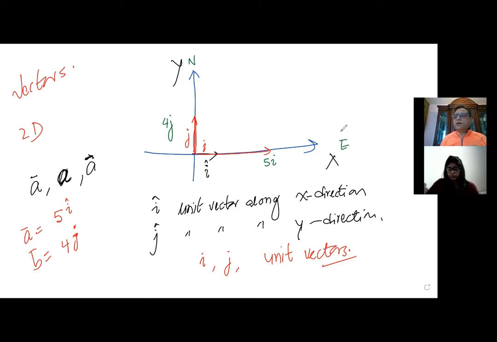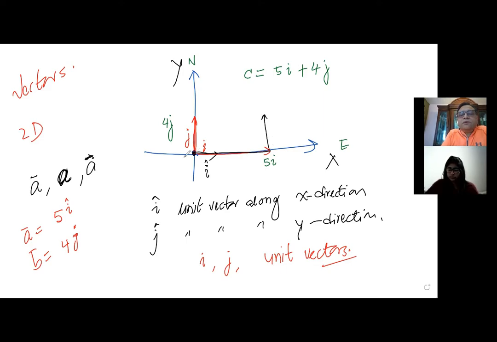Now with vectors, you can do addition, subtraction, and many things. So for example, if I write a vector C, which is a combination of these two, the combination could be 5i plus 4j. So it is like adding them up. Let us say you go 5i units in this direction along the x-axis, and then 4j, and you reach this point.